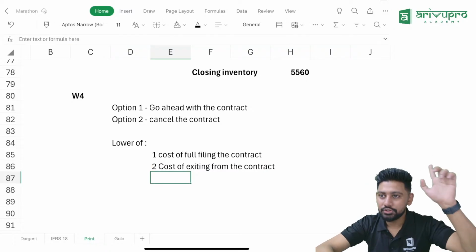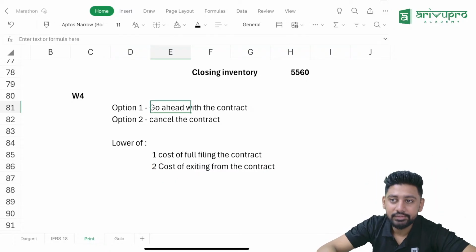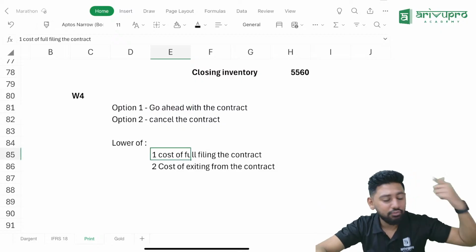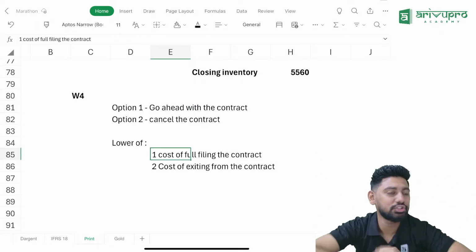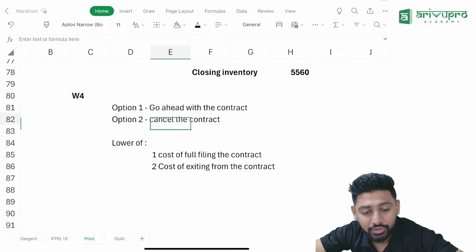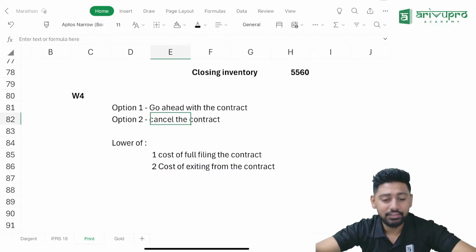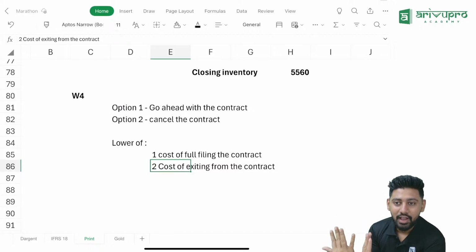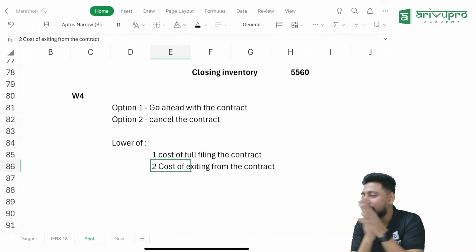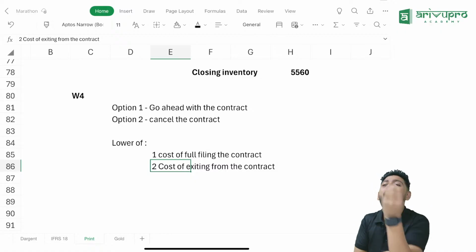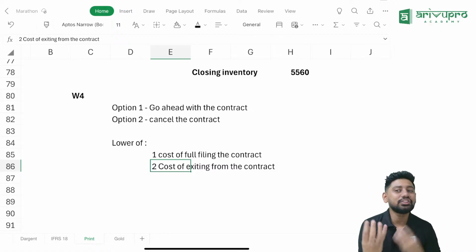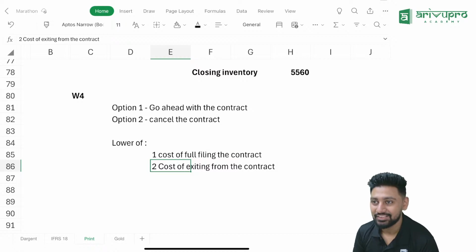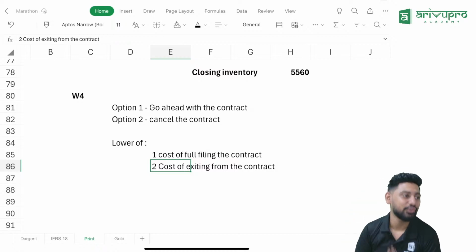Now you have two options. Option number one, go ahead with the contract. If you go ahead, that means you are fulfilling the contract, and for that you have a cost. Option number two, you can cancel the contract. If you cancel the contract, you also have a cost of exit. You're going to take both and understand which is the lower cost for you, because the lower cost is the most beneficial, right?